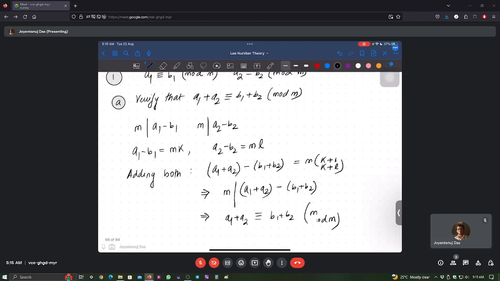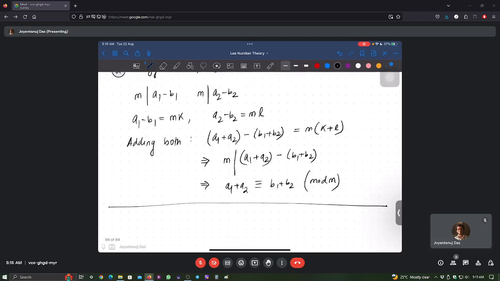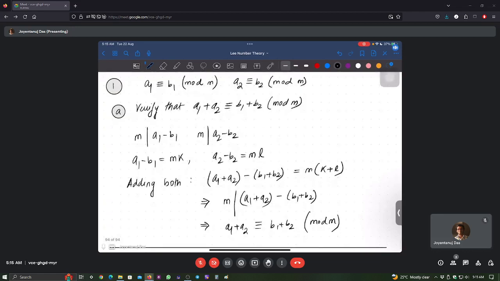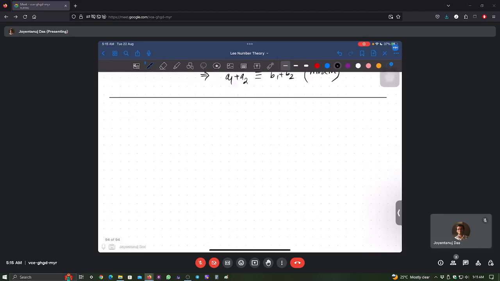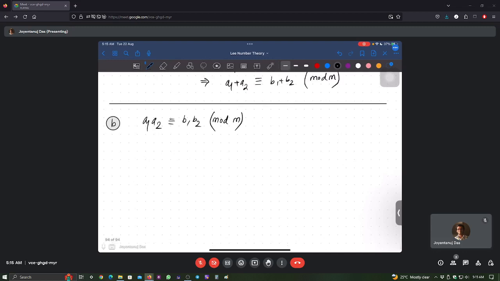Okay, this is fine, right? So the second part is A1 A2, the product, is congruent to B1 B2 modulo M. Maybe can we do the same?